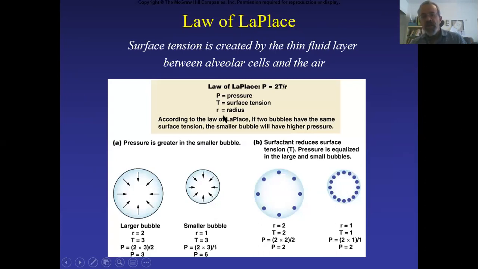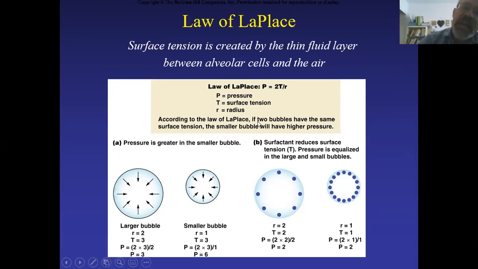Okay, so how does that bring us to the law of Laplace? Law of Laplace says that pressure, alveolar pressure, is equal to 2 times the surface tension divided by the radius. Now this doesn't necessarily apply only to lungs. It can also apply to bubbles as well.